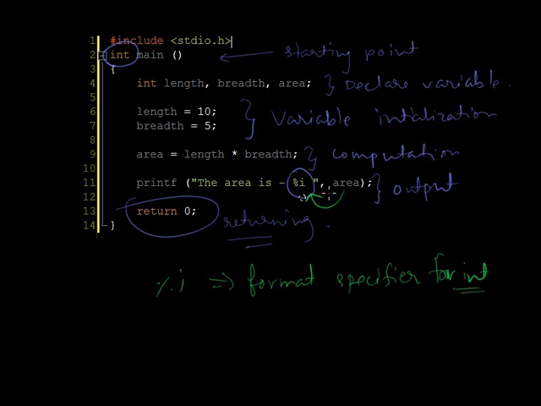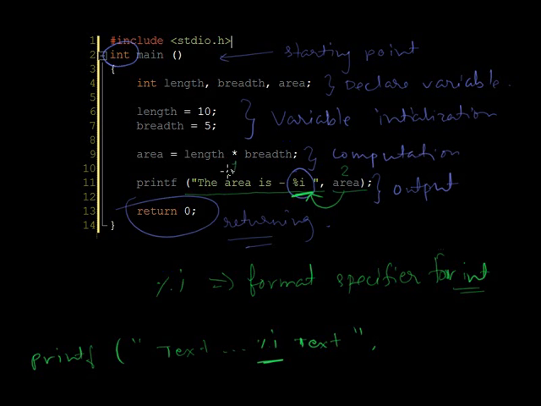Right? And it acts like a fill in the blank. If you write printf, you have some text here, dash, and then %i, and then you have some more text here. After that, remember that text combined with format specifiers is written within quotes. So this forms the first argument to the printf function. This is the first argument, this is the second argument.